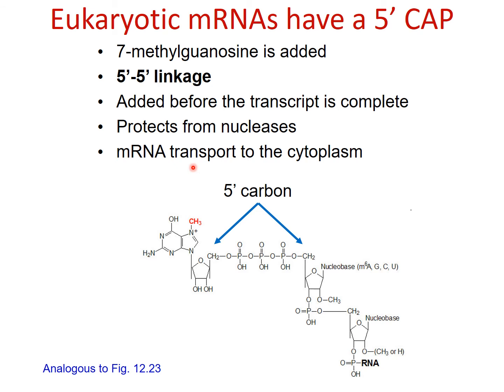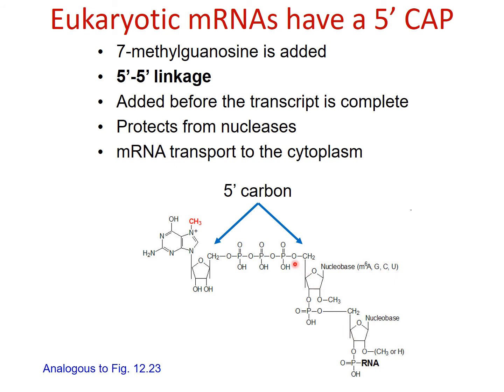And it looks something like this. On the right here, we have our messenger RNA, and this would be the 5' nucleotide, the one at the very 5' end. It would have 3 phosphates coming off of it. This is normal, and it's linked to the next nucleotide by this phosphodiester bond.